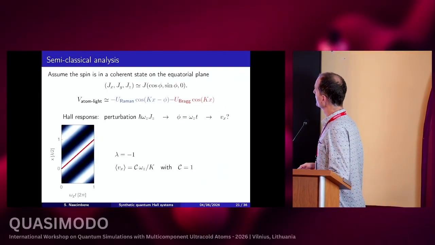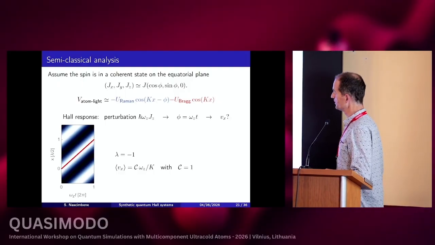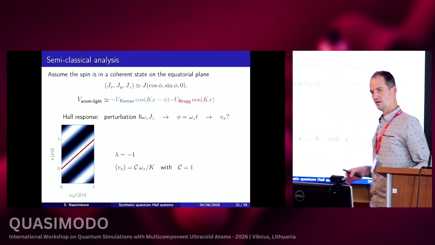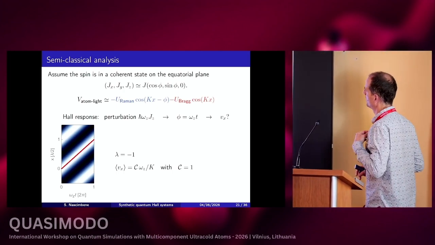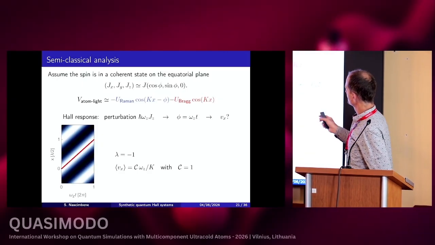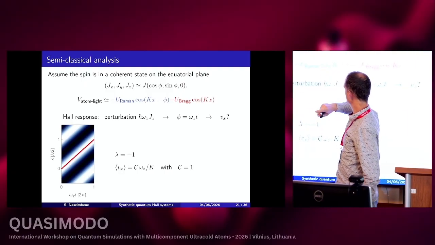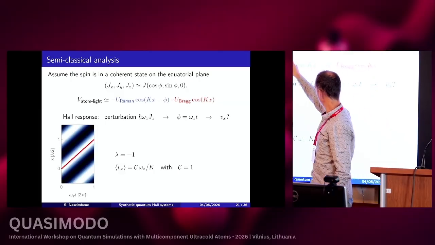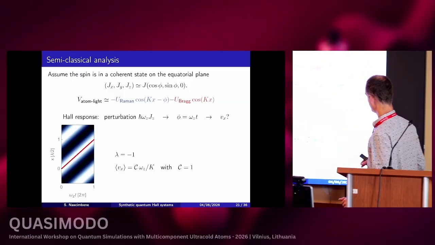Okay, we can actually visualize that by treating the spin degree of freedom semi-classically. So it's not an exact treatment, but it will help us understand this phase transition. And we have the three spin operators, and I will assume that we are on the equator, so we are in the middle of the bulk, if you want, so the magnetic projection is close to 0.